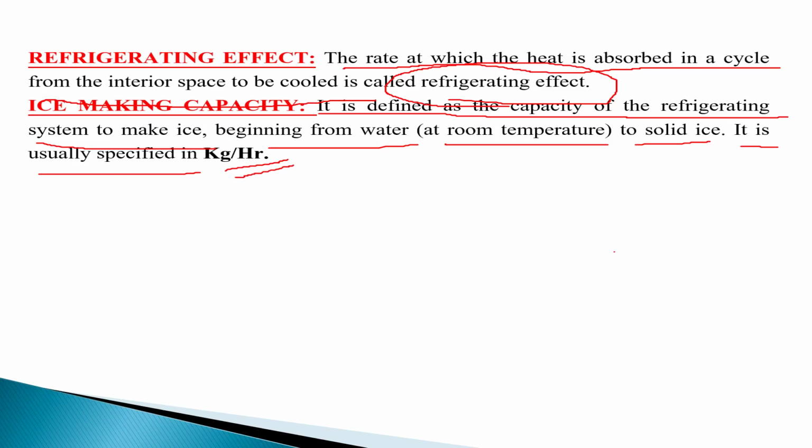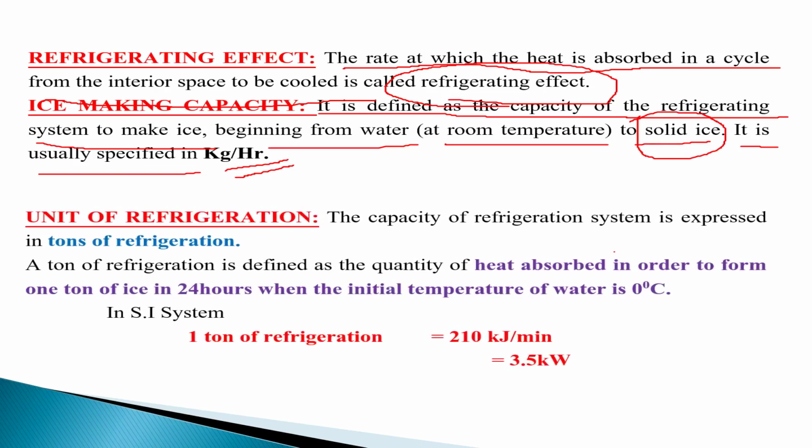That is the refrigeration capacity in terms of ice making capacity. That is, the capacity of the refrigerating system to prepare ice starting from water at room temperature and convert it into 100% solid ice, especially at 0 degrees Celsius. So it is usually specified in kg per hour.